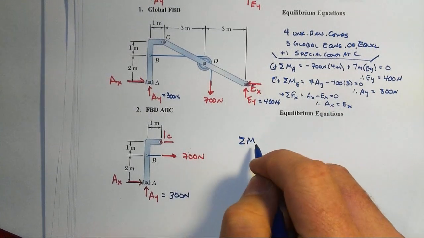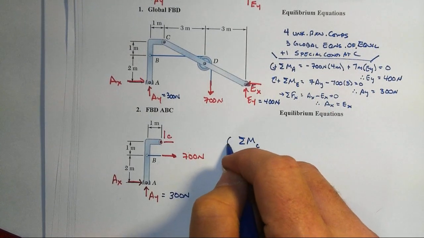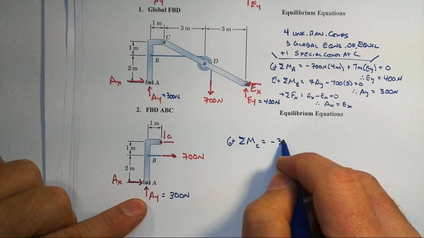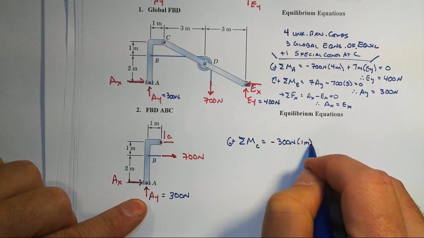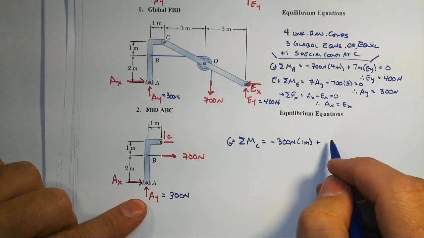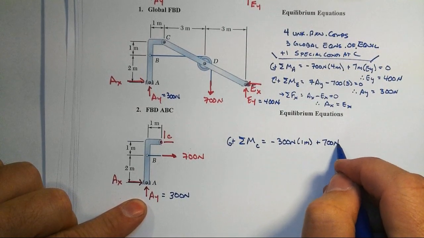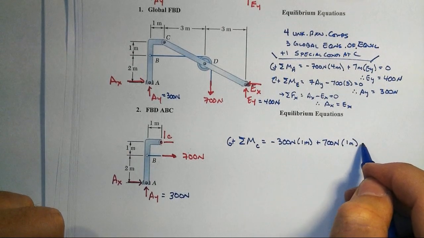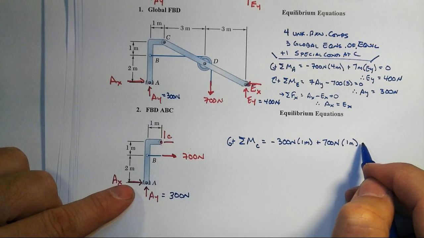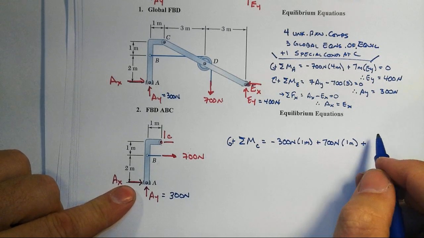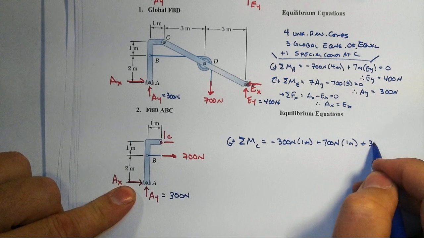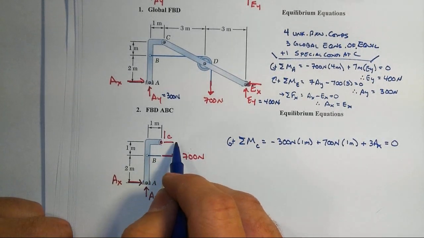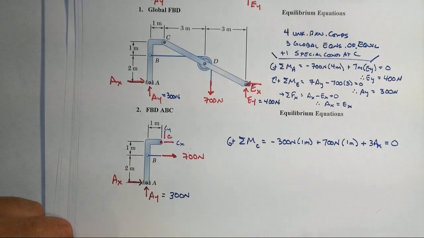Sum of moments about point C, counterclockwise positive: minus 300 newtons times 1 meter, plus 700 newtons times also 1 meter, plus 3 meters times AX, equal to 0. The CX and CY values don't get involved in this.